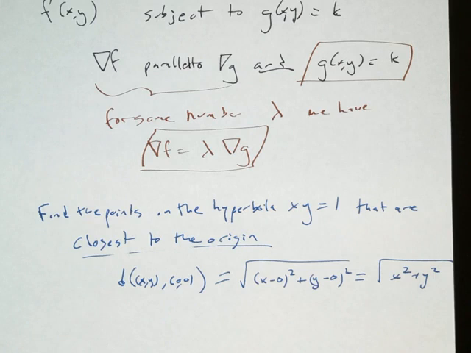Square root of x squared plus y squared, that's r, polar coordinates. So that means I can actually make my life easier and square this function. And if I find the minimum of f squared, that's the same as the minimum of f, because the square root is strictly increasing.